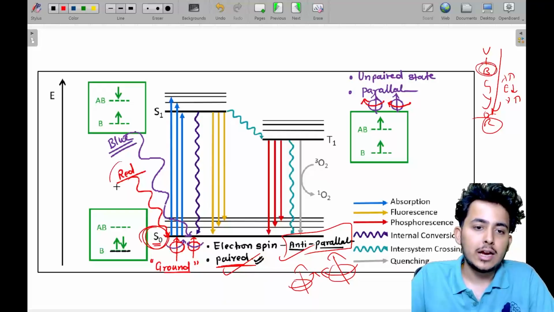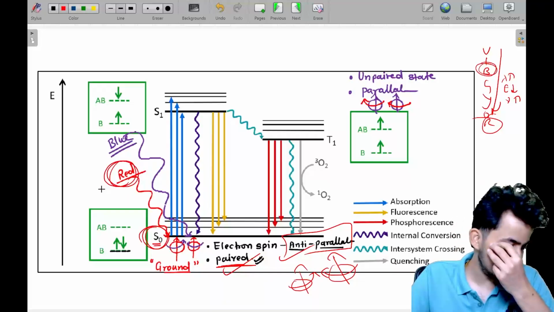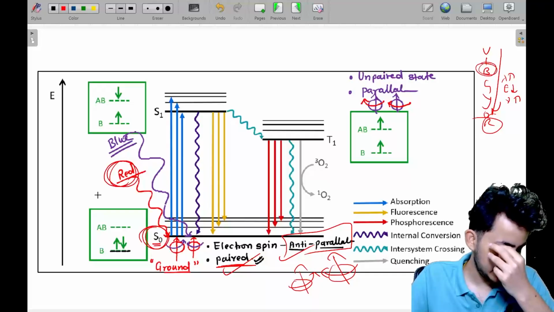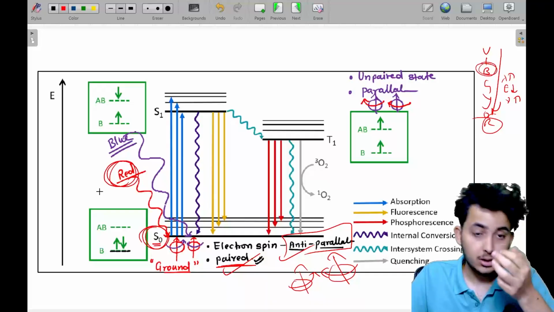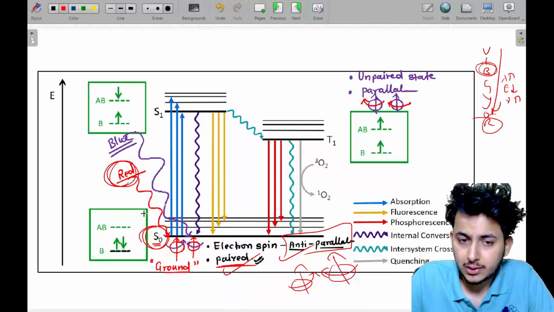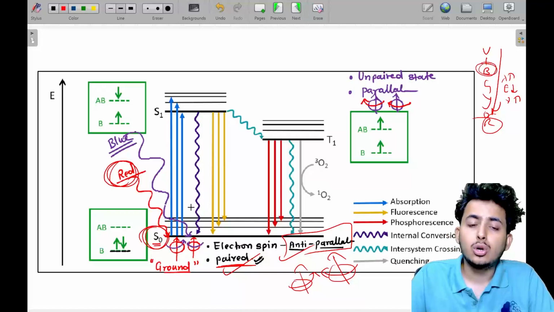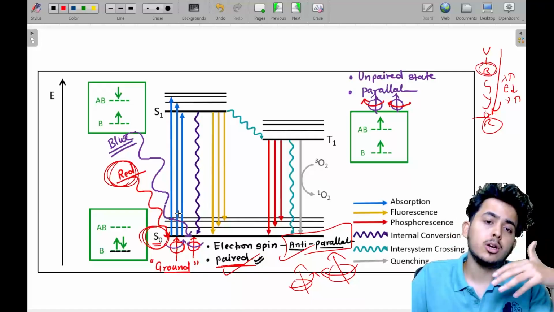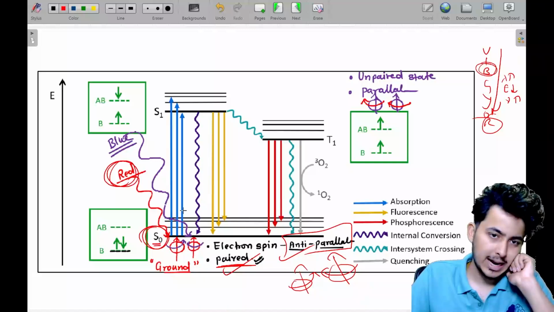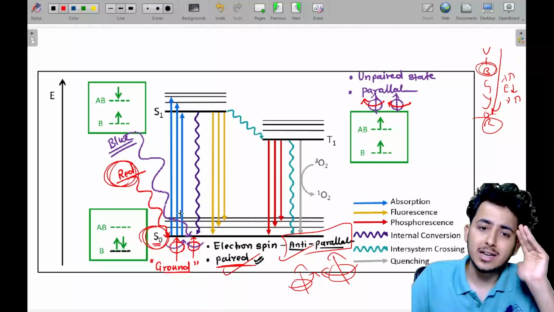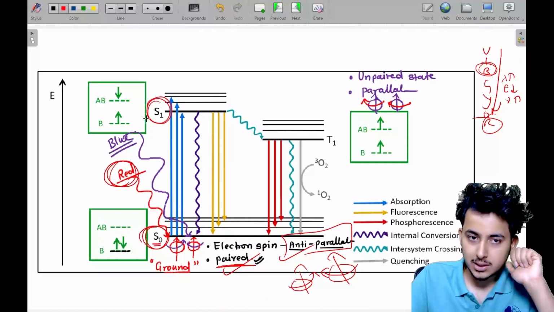Now, if light of red wavelength, that means light of lesser energy as compared to blue, is incident, the electrons will flow from the ground state to the excited state, the S1 state.